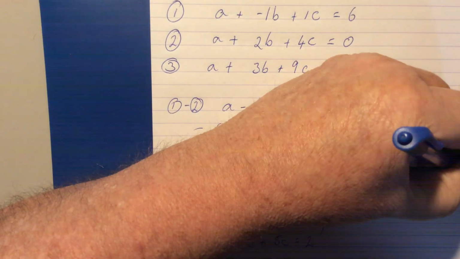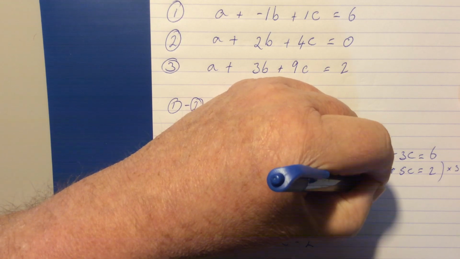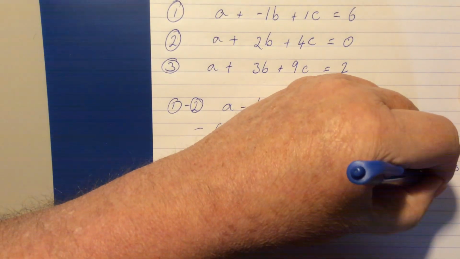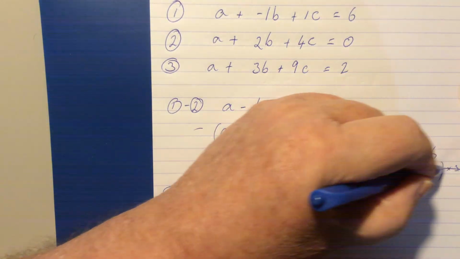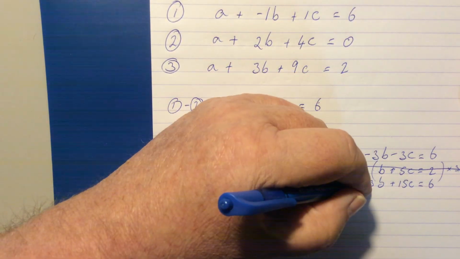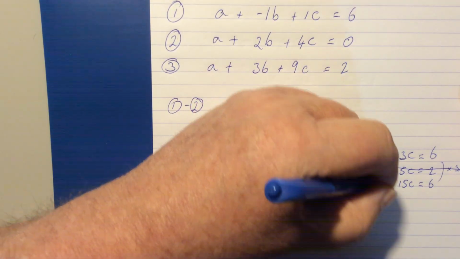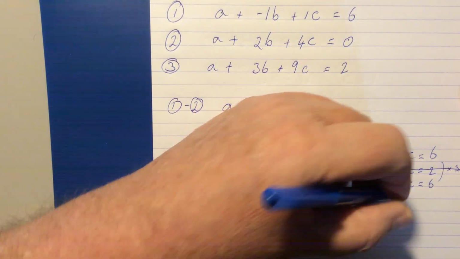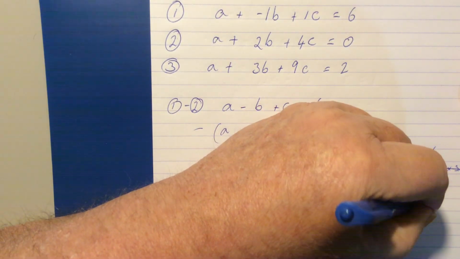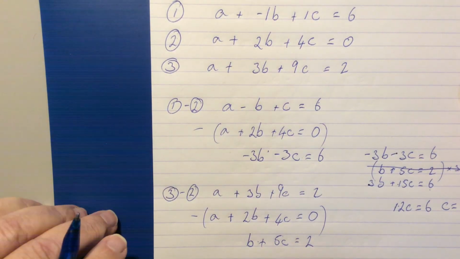I'm going to multiply the bottom by 3, so I'm going to get 3b plus 15c equals 6, and we'll just pop a line through that now. -3b plus 3b gets rid of the b's. Negative 3c plus 15c is 12c, and that equals 6 plus 6, so c equals 1.